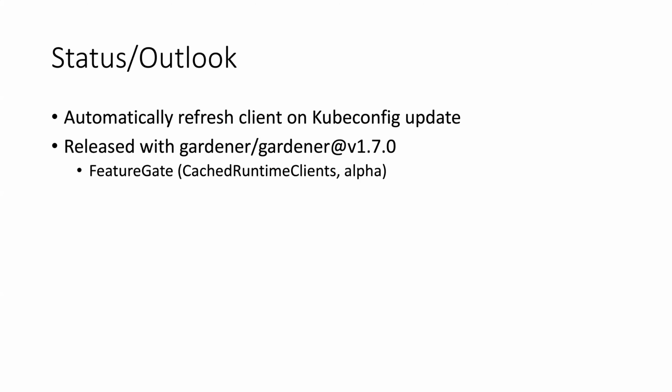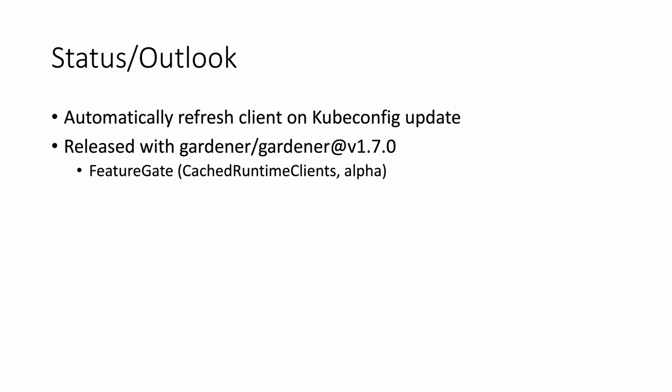And hopefully this will be released with Gardener 1.7, but it's still released behind the feature gate, so it's disabled by default, the cached runtime clients. But if you enable it, all calls to this client function will retrieve a cached runtime client.